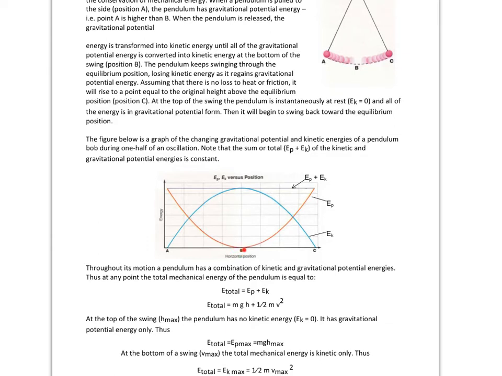From B up to C, we gain gravitational potential energy again. At position A, we have no kinetic energy. It is not moving for an instant at the top there. It will start to gain kinetic energy until it reaches a maximum, and then it will continue to lose kinetic energy or slow down to point C where it stops again.